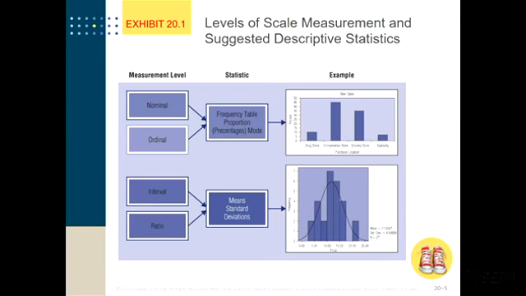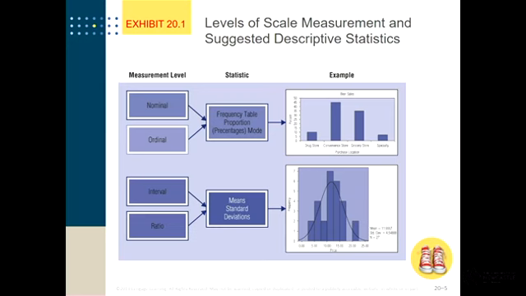Probably you can remember I told you earlier that nominal and ordinal are generally called the lower scale variables, or non-metric variables. And interval and ratio scale are called metric variables, or higher scale variables. So if you have a nominal or ordinal variable, then the technique you should be using is a frequency table or mode.